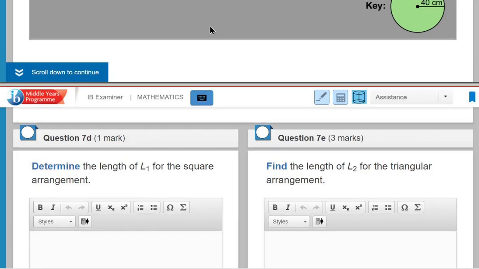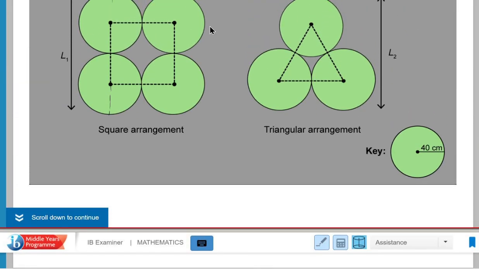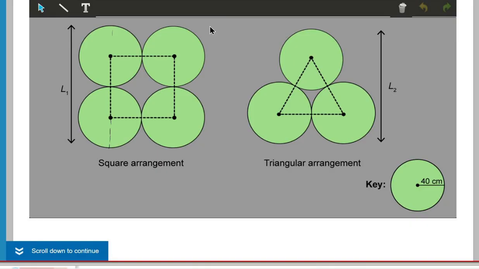Determine the length L1 for the square arrangement. The entire length of L1, so basically this length is 40 and this is supposed to be 40 as well, and this is supposed to be 40 as well.